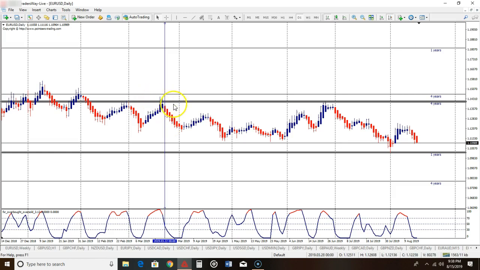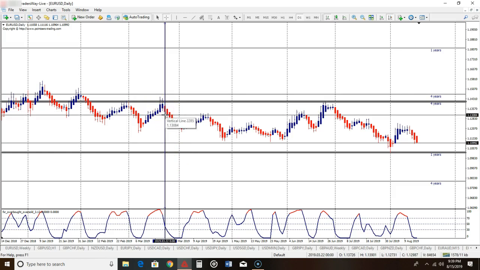Then you can take the level itself, the level of resistance, and you may want to use, like I do, some type of momentum oscillator to tell me, hey, this price is up to a level of resistance. I'm already thinking that the price may fall away from this level. Why? Because the overall trend is down. Then my momentum oscillator is giving me a signal that price may fall away also. So you may be correct.